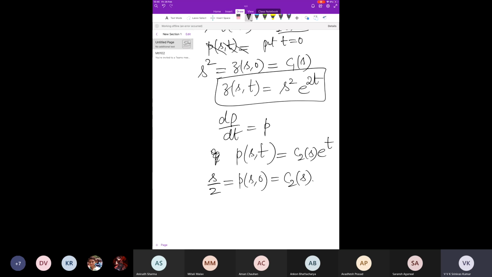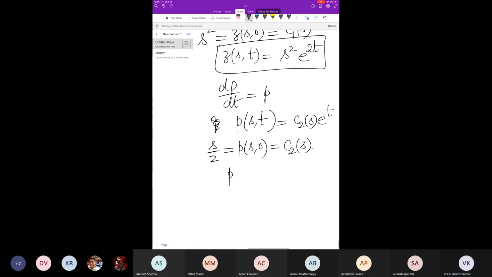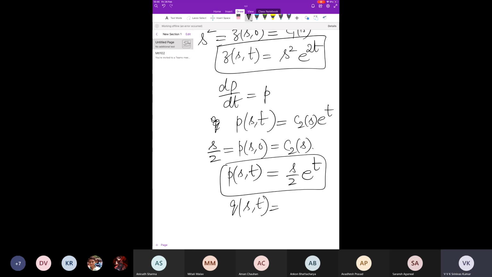S by 2. So PST is equal to S by 2 exponential t. Okay. Similarly, QST will be 2S times exponential t.